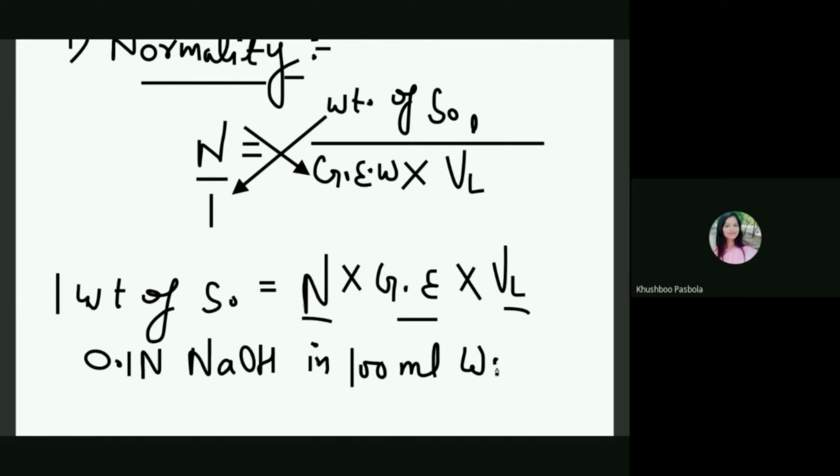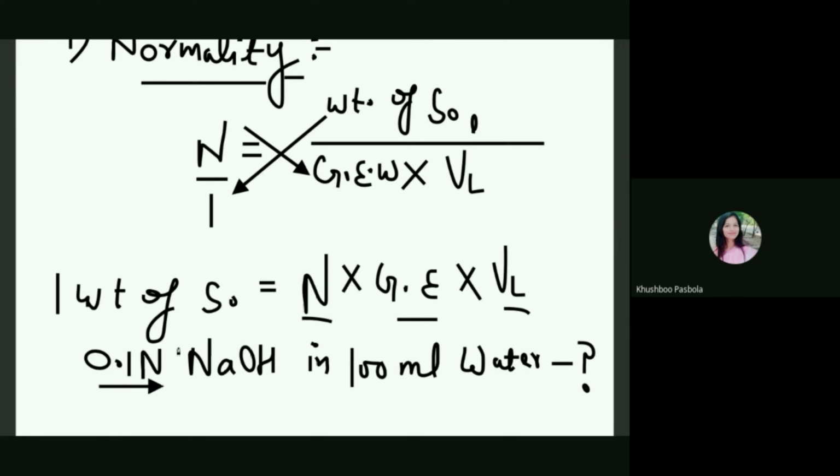How can you prepare this solution? This will be a question in your examination: how can you prepare 0.1 normal NaOH in 100 ml water? You can see that this is the concentration.